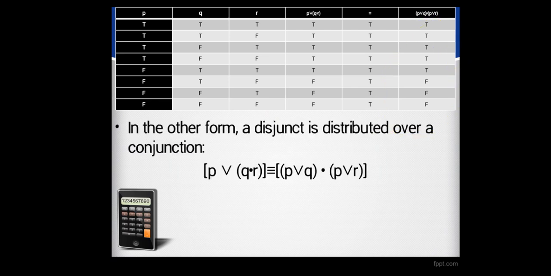So in the other form, a disjunct is distributed over a conjunction. This is the truth table.